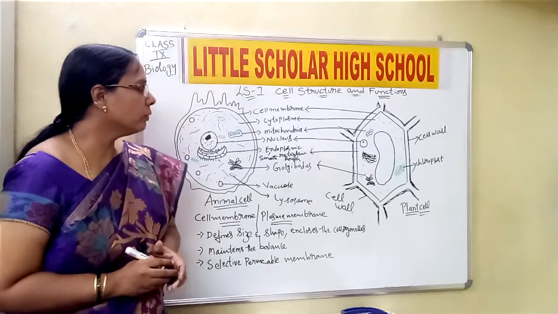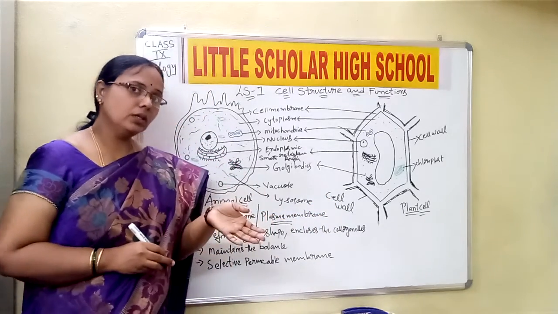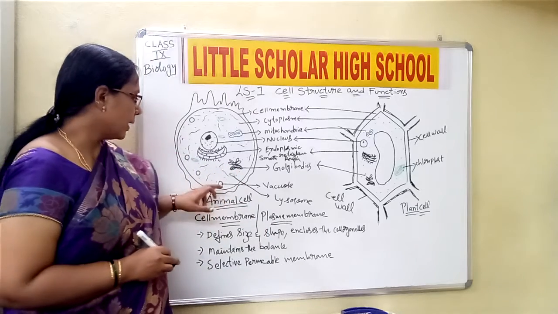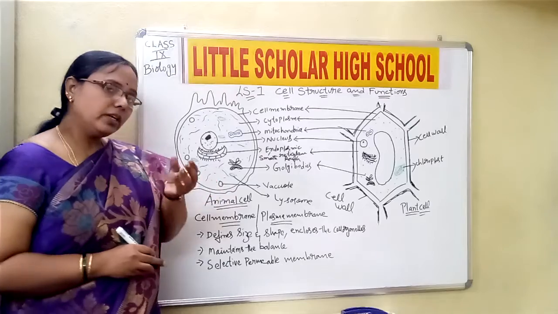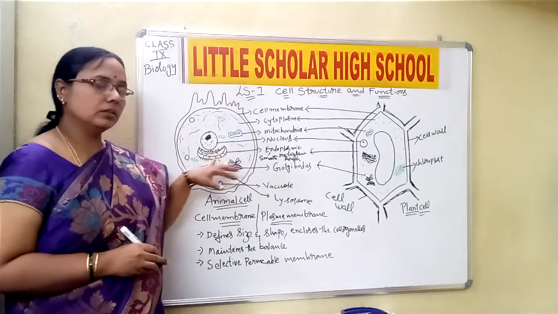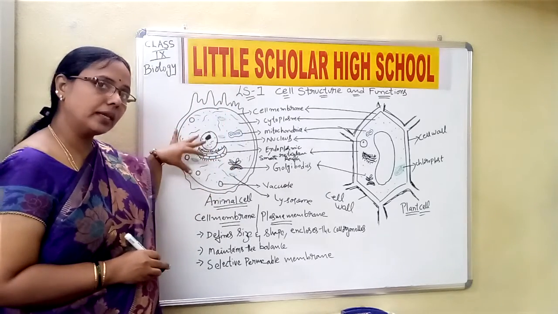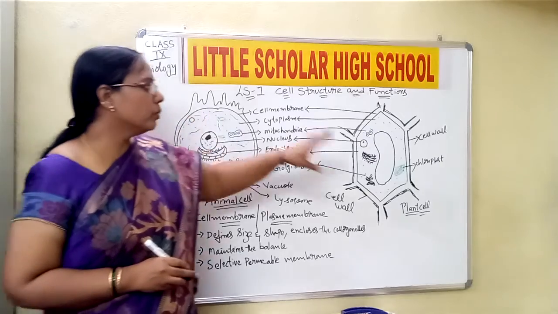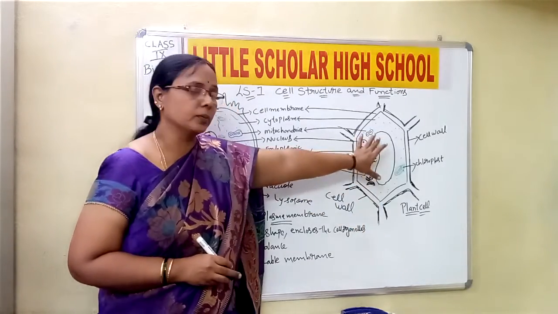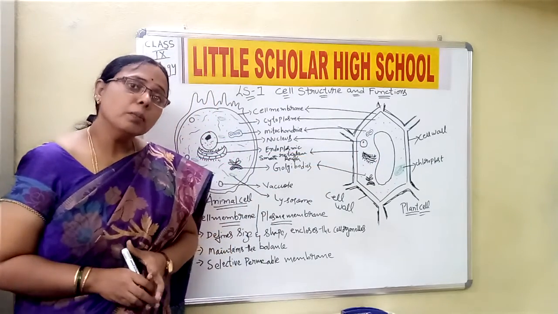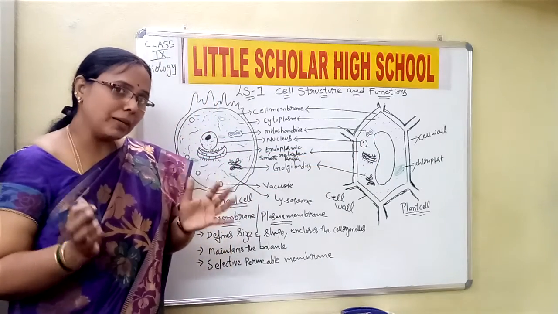Okay, now when we talk about one more part of the plant cell, it is vacuole. Vacuoles are very small in animal cell. Vacuoles are very small and they are scattered in the animal cell. But when you talk about the vacuole in the plant cell, it occupies the major portion. It occupies the major part of the plant cell.